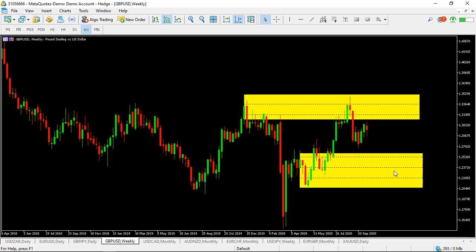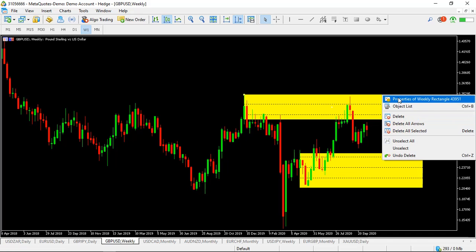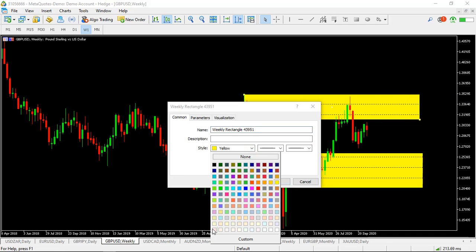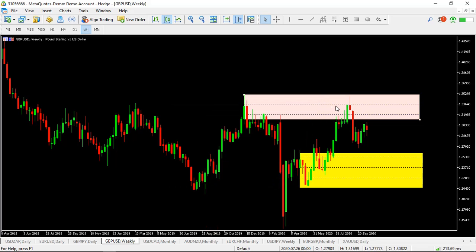In the weekly I will make it white and the monthly yellow, so we can see which level we are dealing with at that time. Currently the monthly is in control, in the yellow. As I was speaking about last two values, that is more visible when we go to the daily.